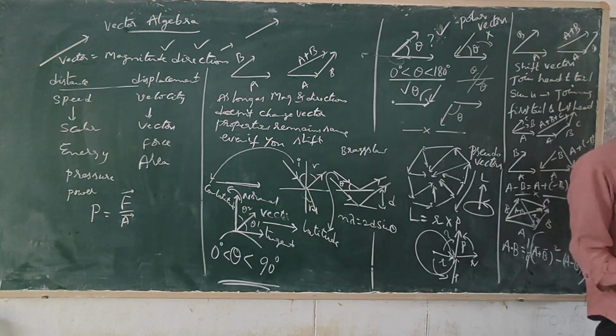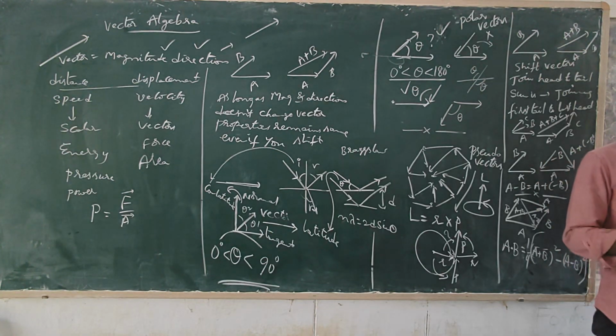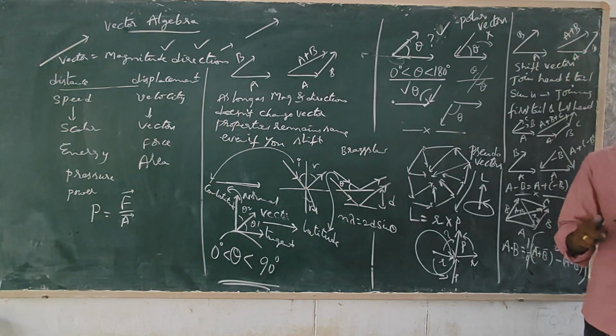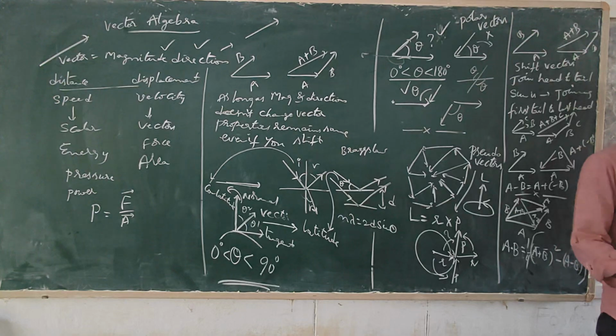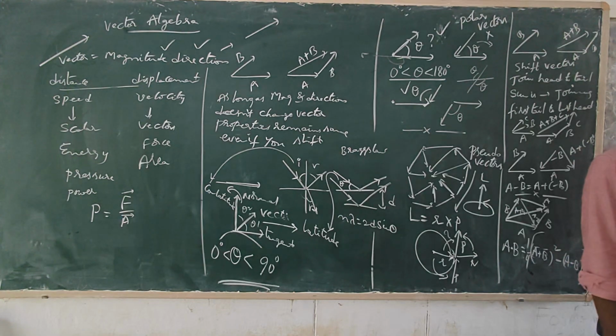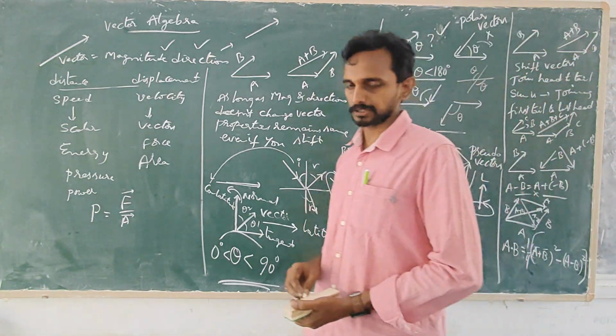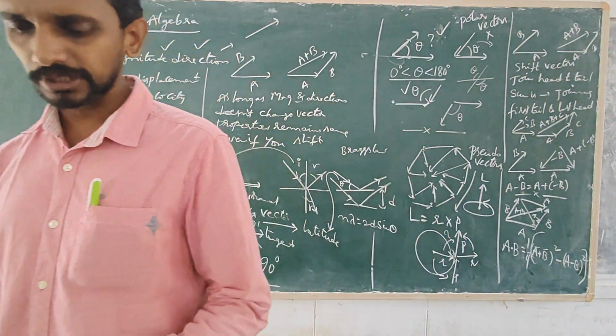So we'll see that in the next session. But if you understand these activities, I mean vector algebra, how to deal with vectors, you'll understand the majority of the concepts clearly. Okay, so that is why it became our first chapter. Okay, so the rest of the things we'll see in the next session.